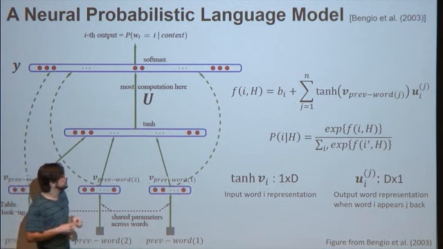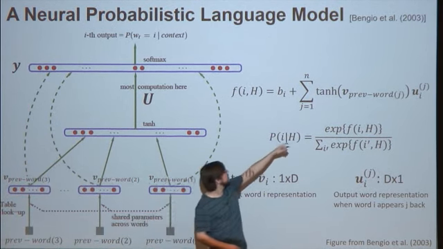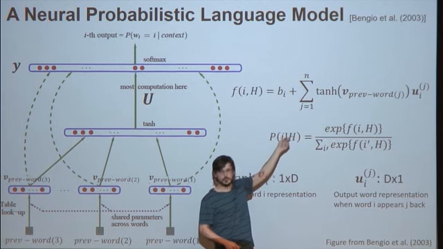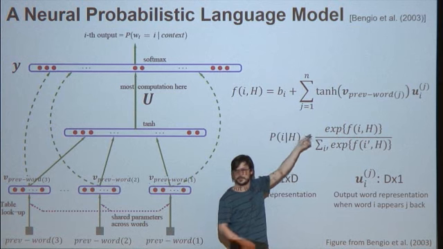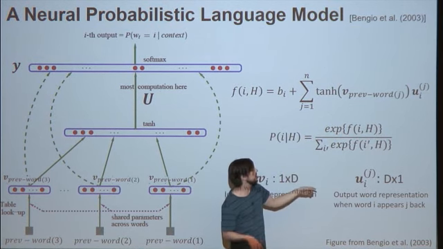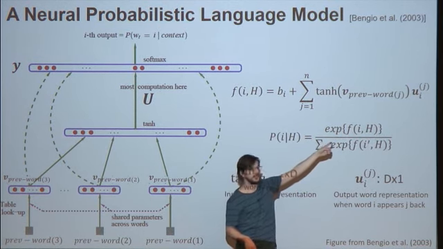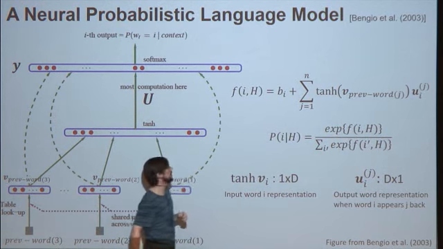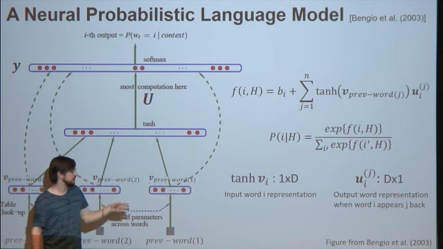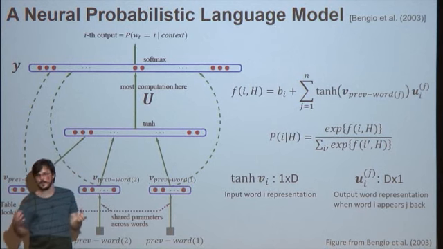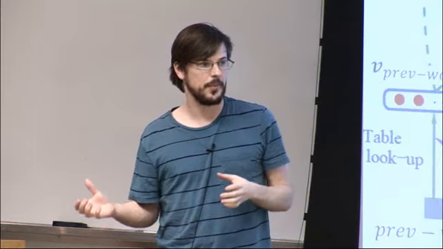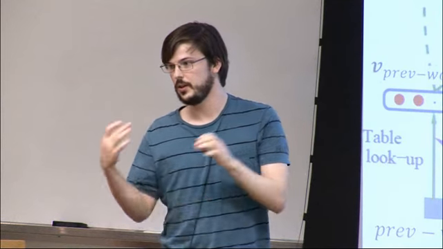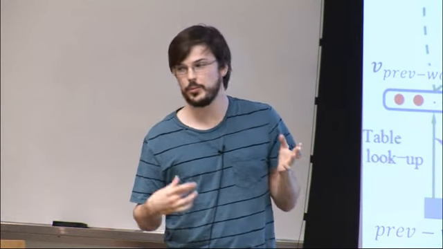And then what you can think about here is you have a sum over the previous n words, where you have a representation for the previous word. This is v, a vector of length d, inner producted with these u_ij vectors. These are vectors of the same length d. And the inner product tells you something about the compatibility of a word with an output vocabulary word.